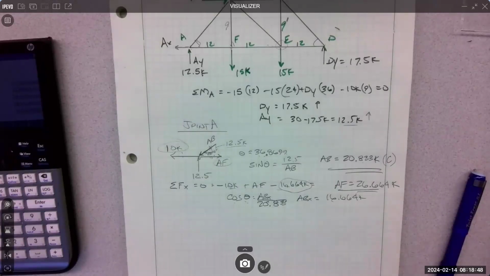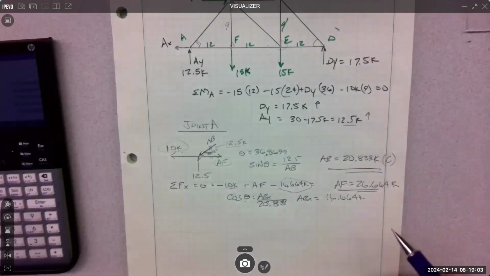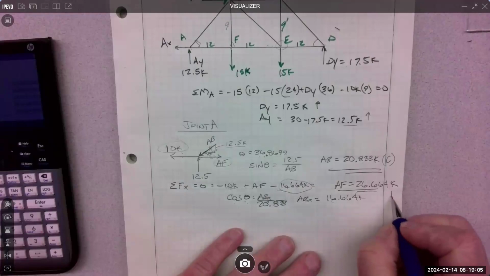It gets AF at FA. How would I say? Yeah, 26.7. Same thing. So you get that. Did you forget the 10? I missed the 10. Yeah. Super easy to do. Compression or tension? It is tension.